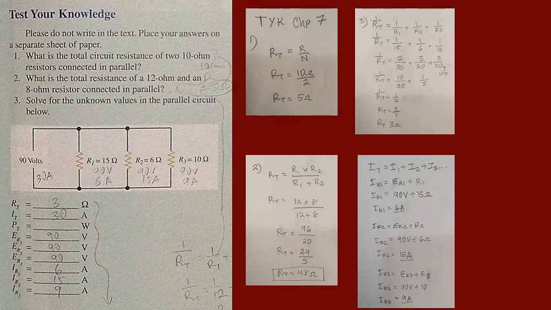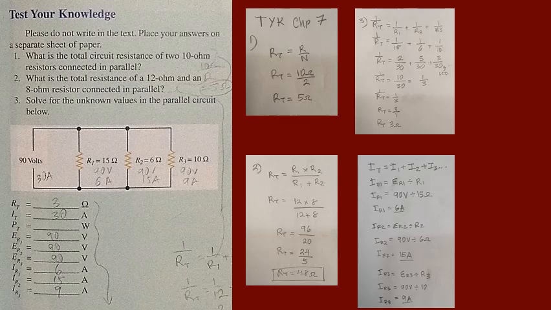What is the total resistance of a 12 ohm and an 8 ohm resistor connected in parallel? On the right side, lower left, we have to use the product over the sum formula for resistance.